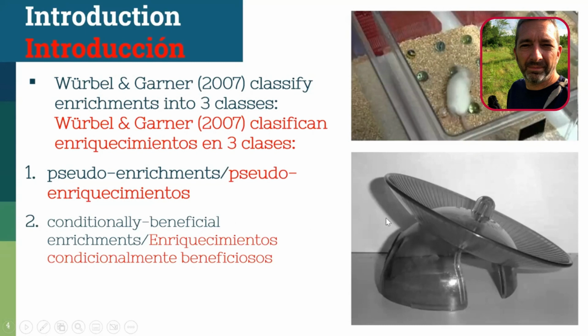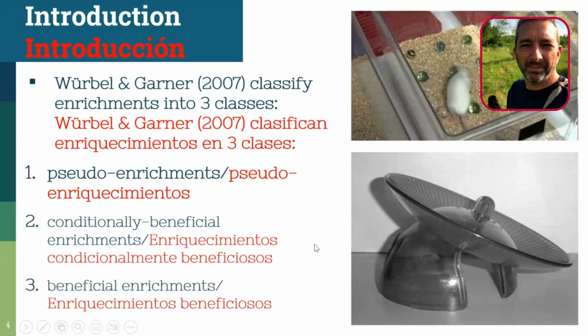So again, there are things that if you put them into the environment and they become a source of aggression, then they can be beneficial, but conditionally beneficial, not always beneficial. If it results in fighting and the welfare of one of the animals being worse, then clearly it's not beneficial for that animal. And then finally, they do talk about beneficial enrichments.